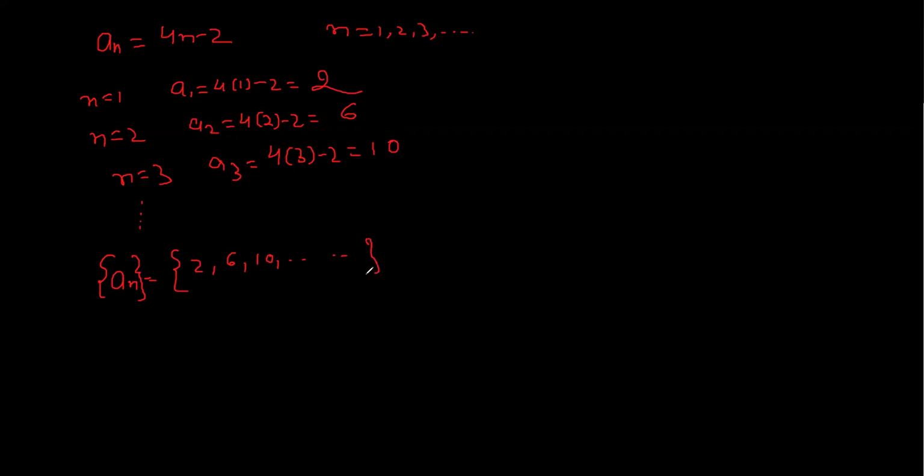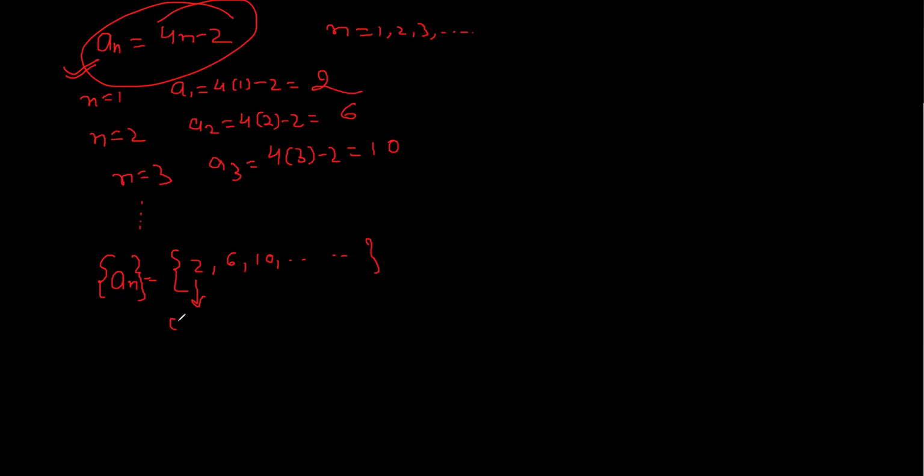Right? Simple. But if you want to make a sequence recursive, this is what? This is not a recursive relation. Why? Because a_n must be on both sides. On the right side a_n is not given, only n is given. So this is not recursive. I am going to make it recursive. How?